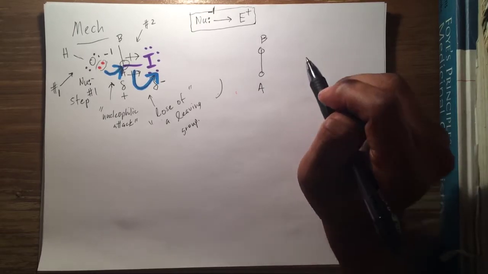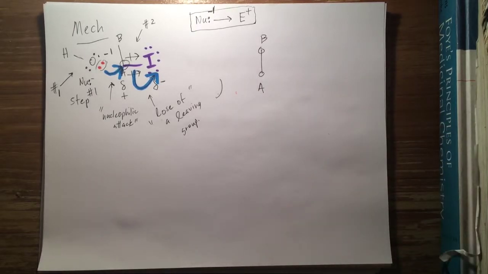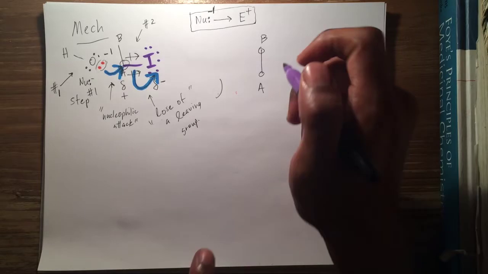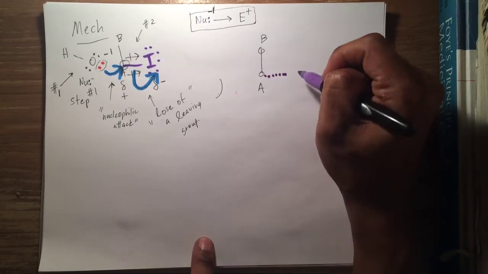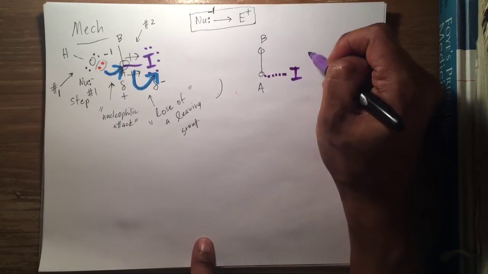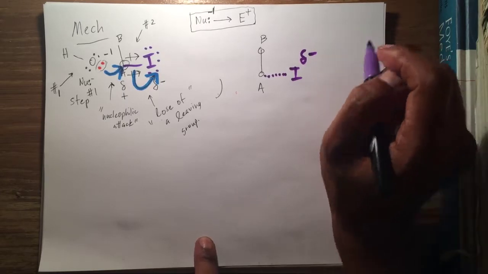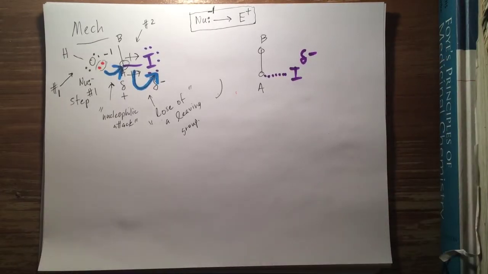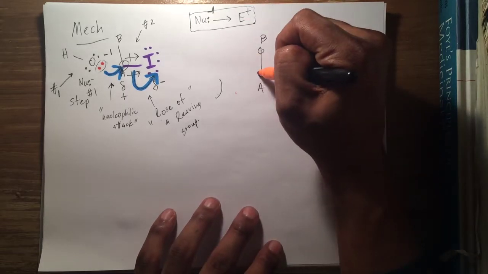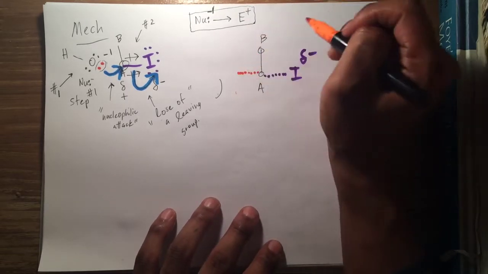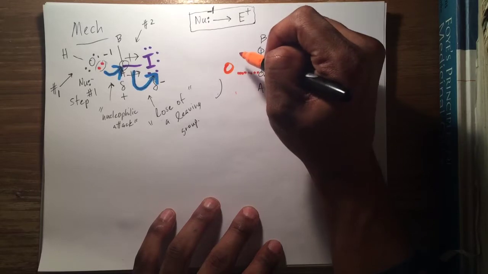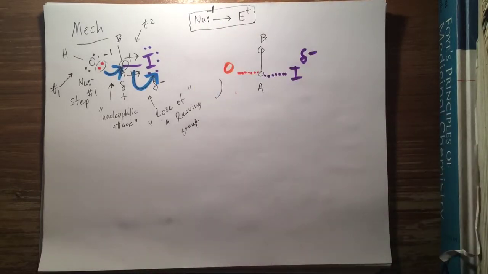Now connected to A and B, for a fraction of a second, is the iodide, and it's going to have a partial negative charge, and we're going to talk about why. And the oxygen, this oxygen. Oh, I have to draw it black because it's black in the previous drawing.